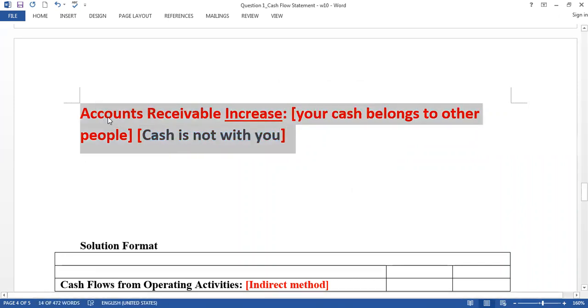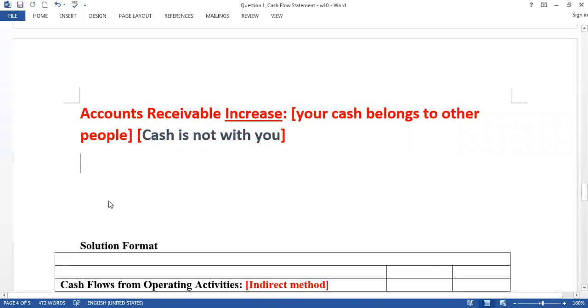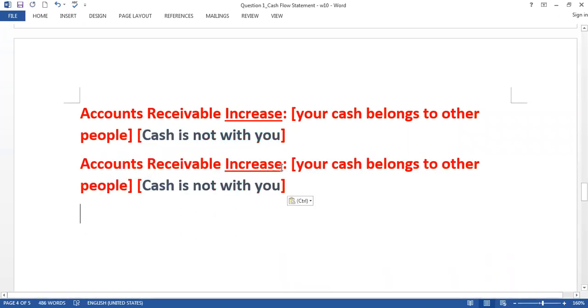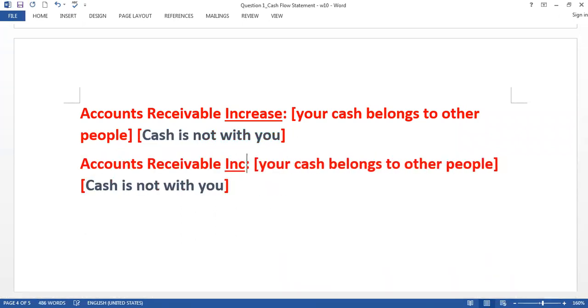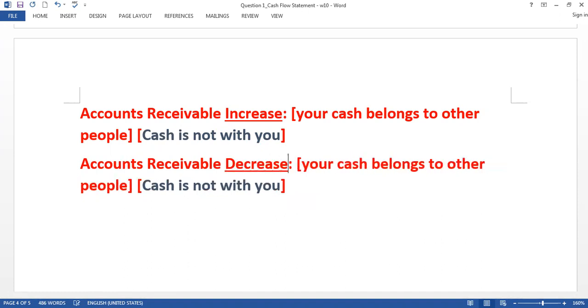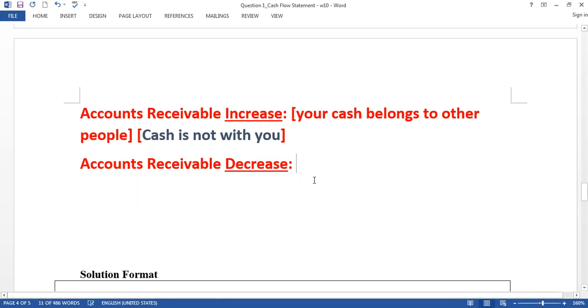So look at the opposite. Accounts receivable decrease. What is the meaning of accounts receivable decrease?